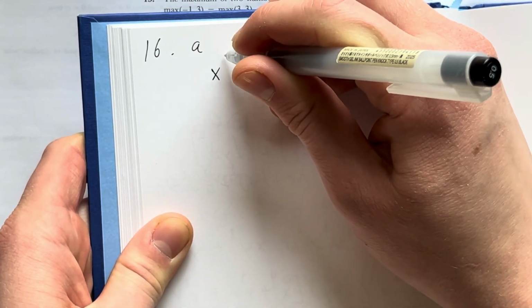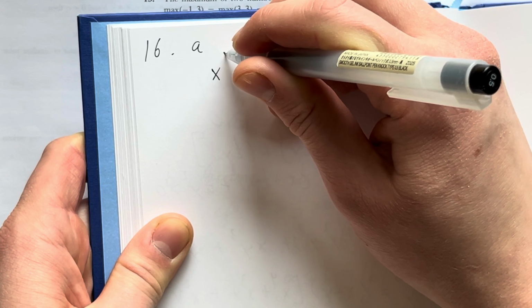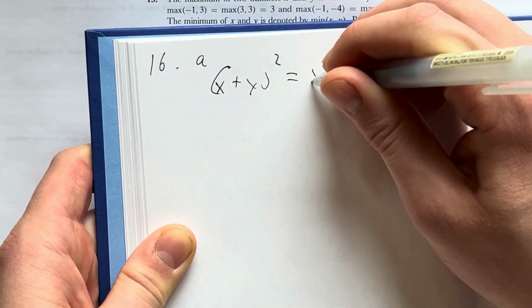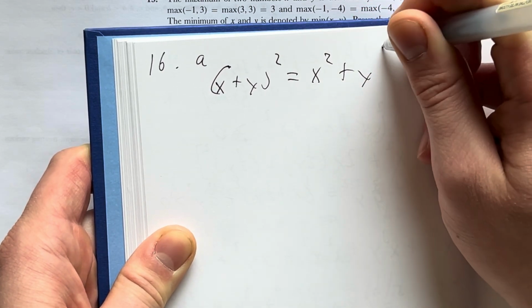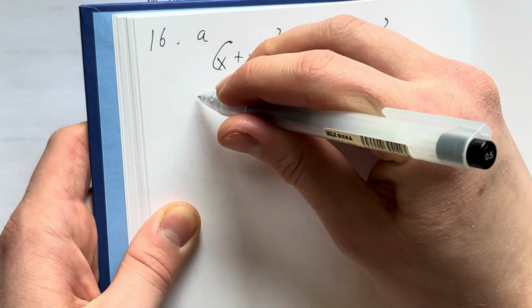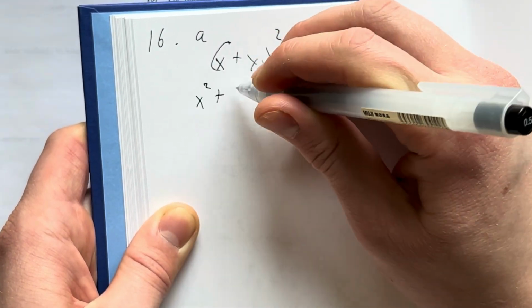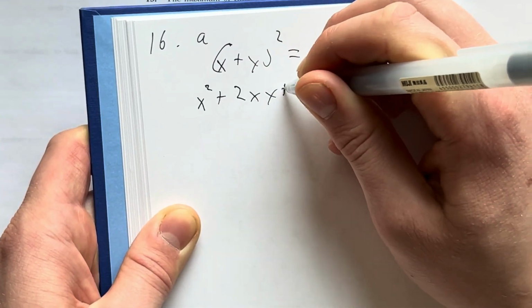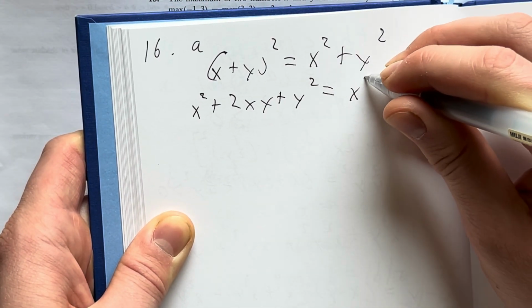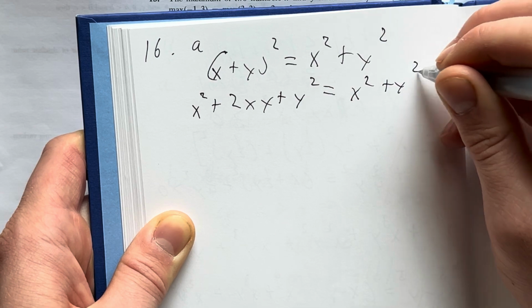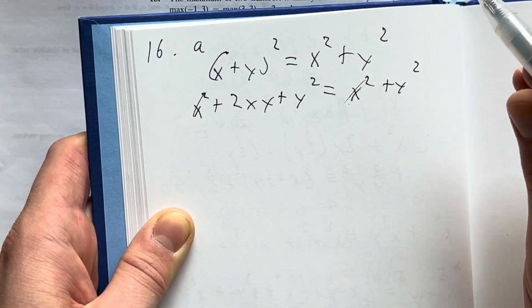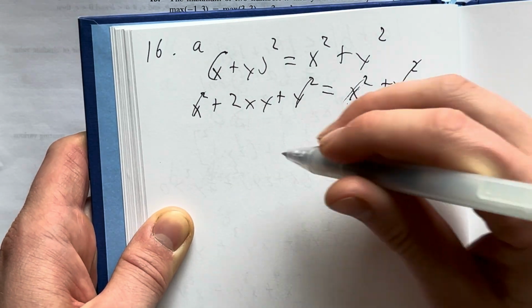Okay, so we say that (x+y)^2 equal to x^2 + y^2. When is this true? First, let's expand the left hand side. x^2 + 2xy + y^2 is equal to x^2 + y^2. x^2 cancels out, y^2 cancels out.